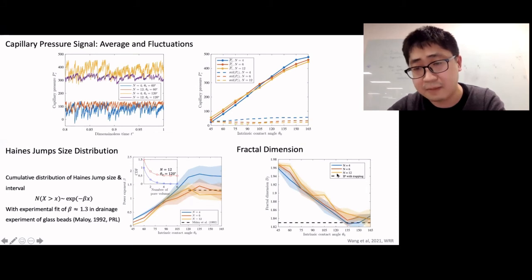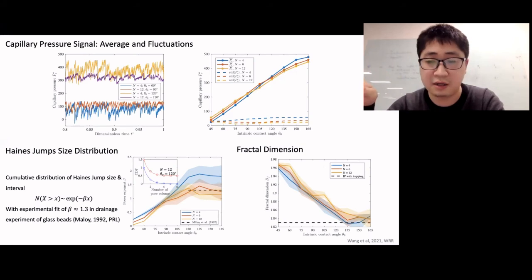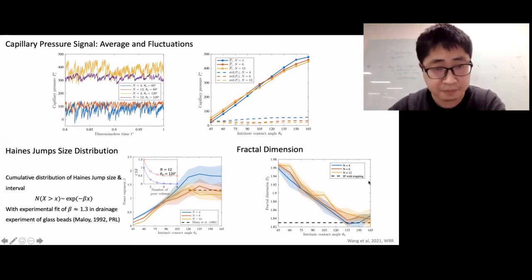We also see that for more angular grains, the blue color, it's generally on the bottom of these three curves, meaning that for the same contact angle, the fractal dimension is lower for more angular grains, meaning that generally there's an earlier transition from compact displacement to capillary fingering.